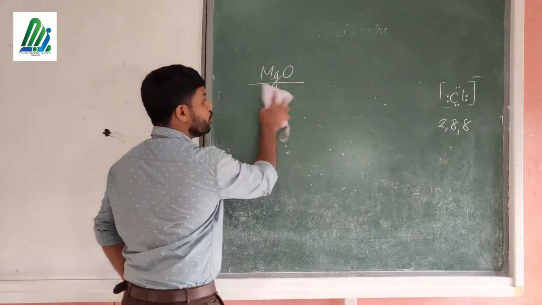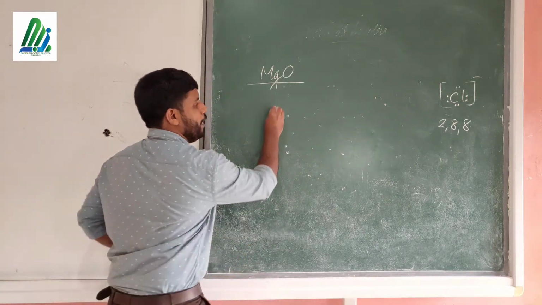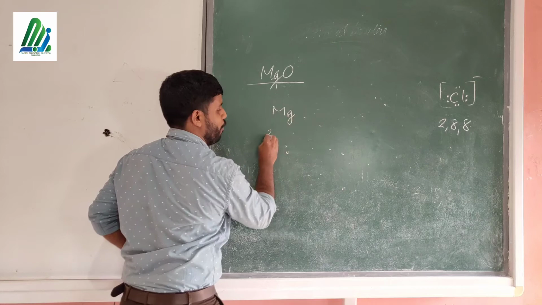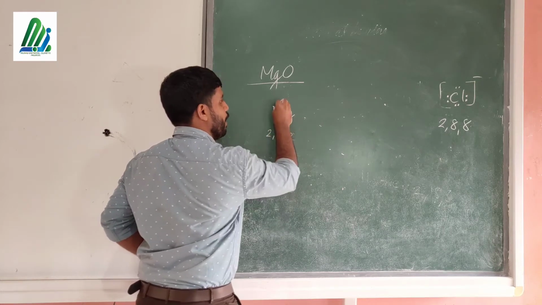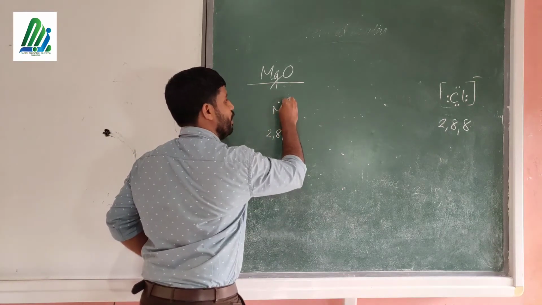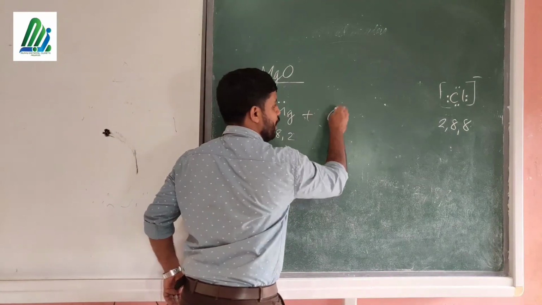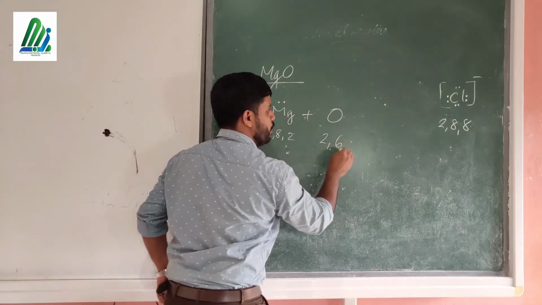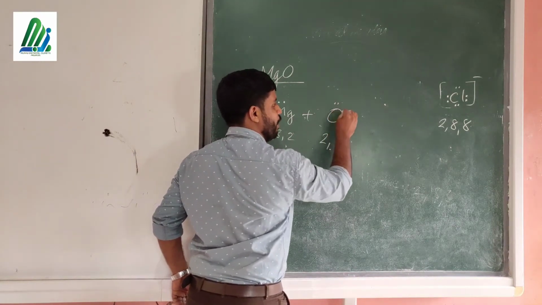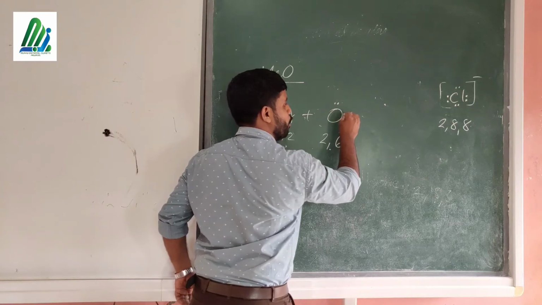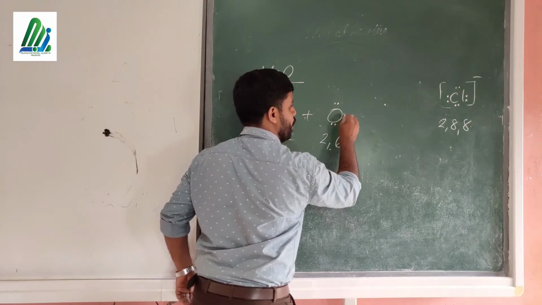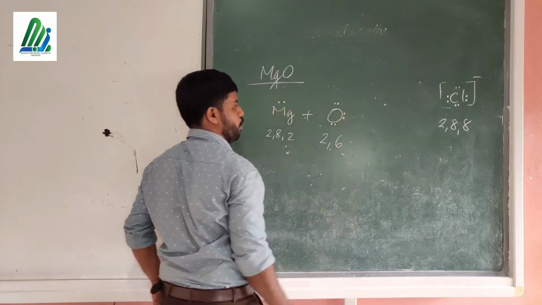Look here. Magnesium has 2 electrons in the valence shell, plus oxygen with 6 electrons in the outermost shell.